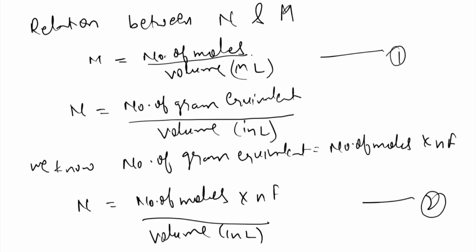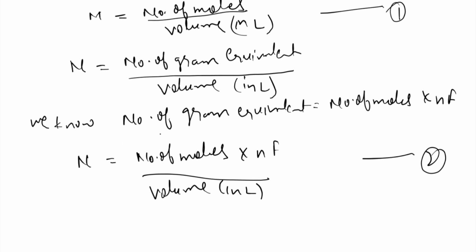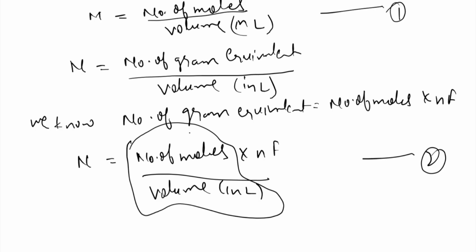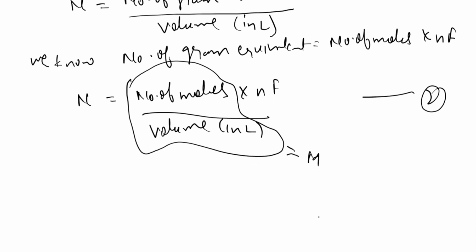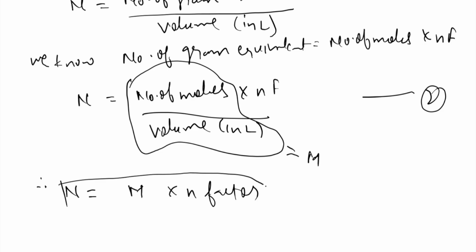If we compare equation 1 with equation 2, you can see number of moles divided by volume in liter is nothing but molarity, right? So that is why normality is nothing but molarity multiplied by n factor. Please do remember this formula. It is very, very important.